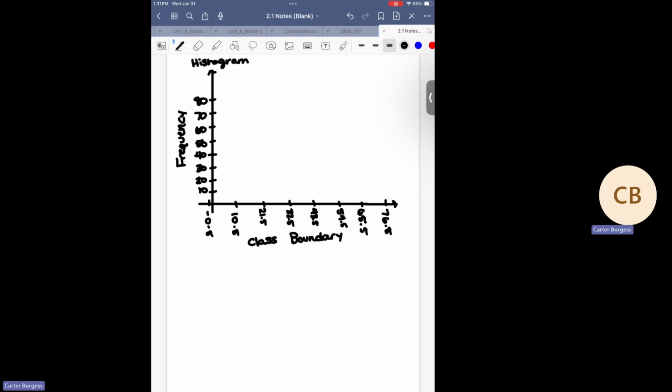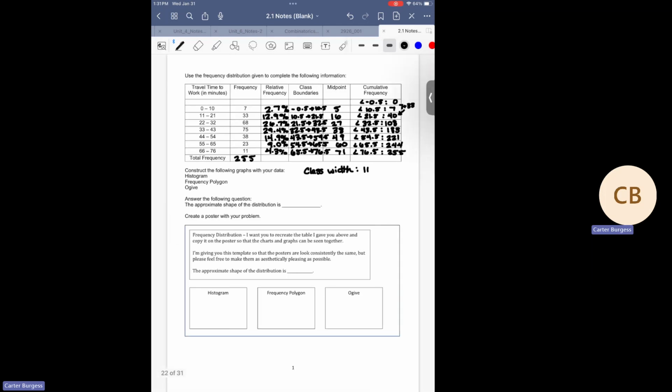A histogram is pretty simple. All we are going to do is graph every value in between the bucket with the y value that we have for the frequency. For instance, our first bucket goes from the boundary of negative 0.5 up to 10.5. What frequency did we see for that particular bucket? 7.